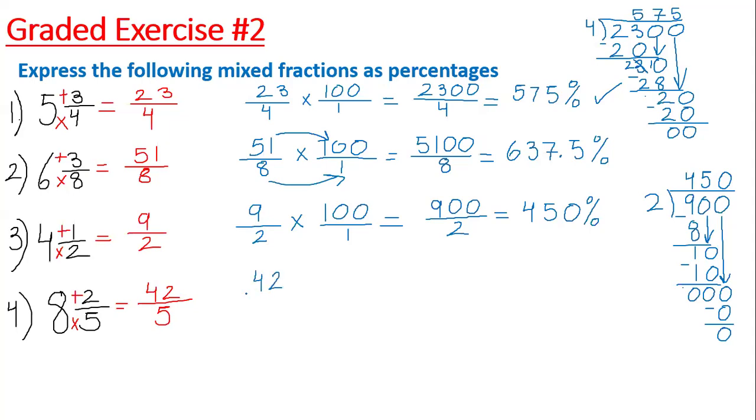Very good. We say 42 times 100 gives us what? 4,200. Very good. All over what? Over 5.